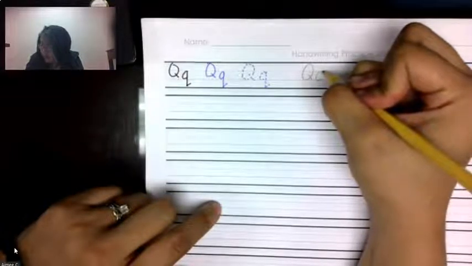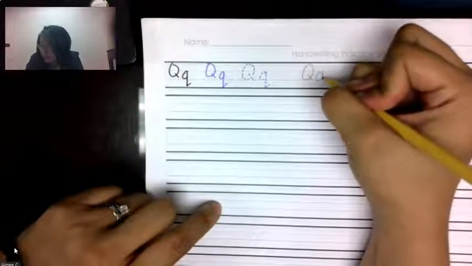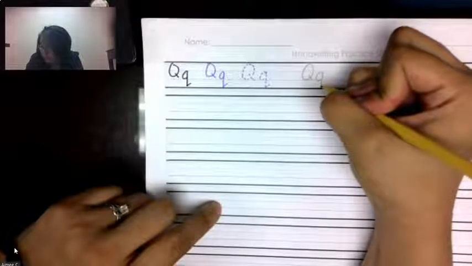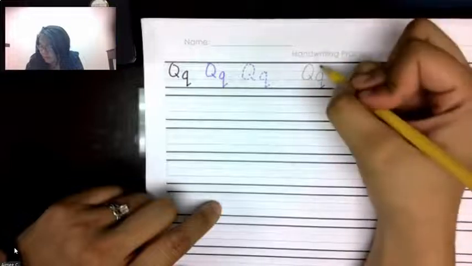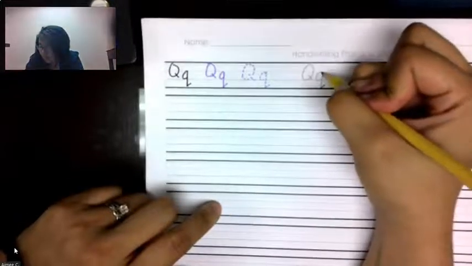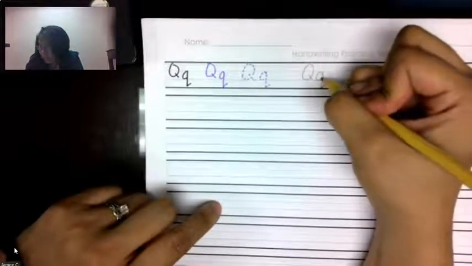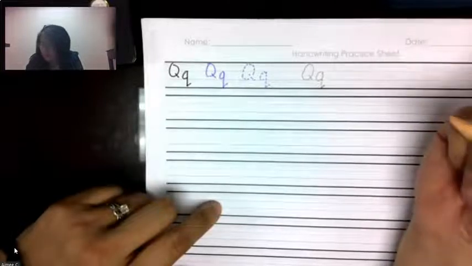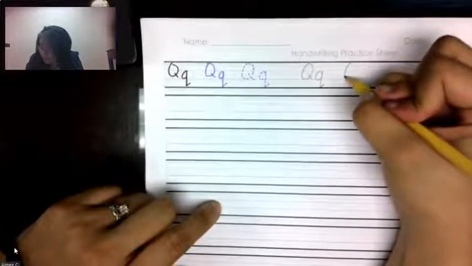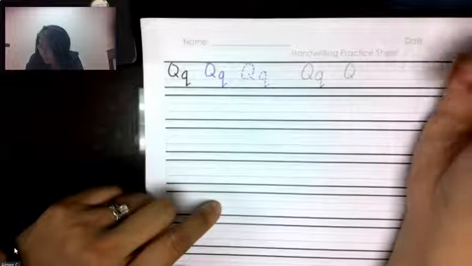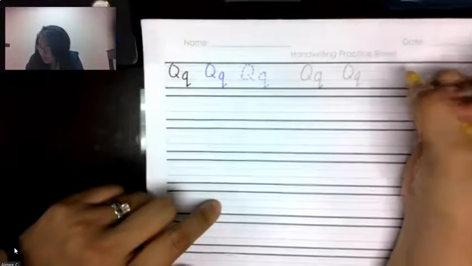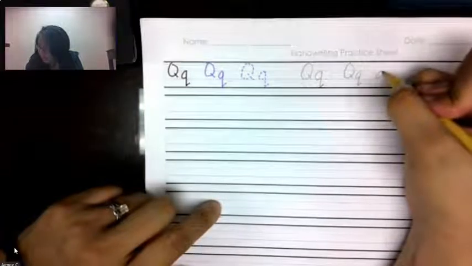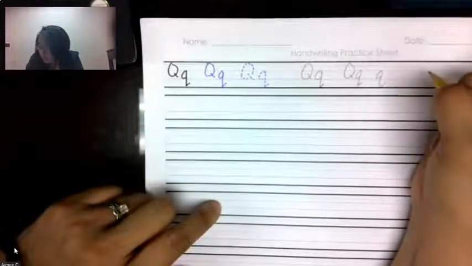We start at the middle line this time and draw a line straight down to the very bottom, and Q has a tail, like this. This is lowercase q. A bit faster, we have capital Q, lowercase q.